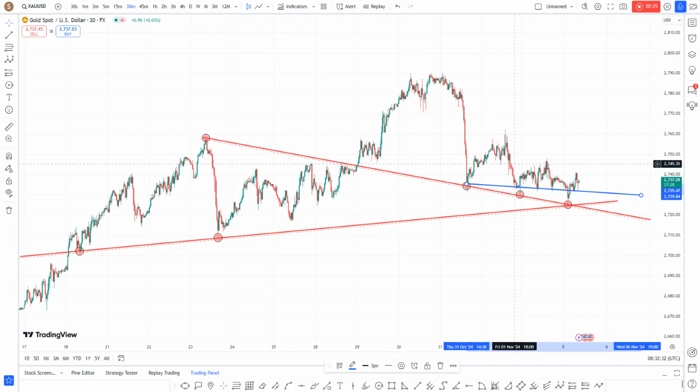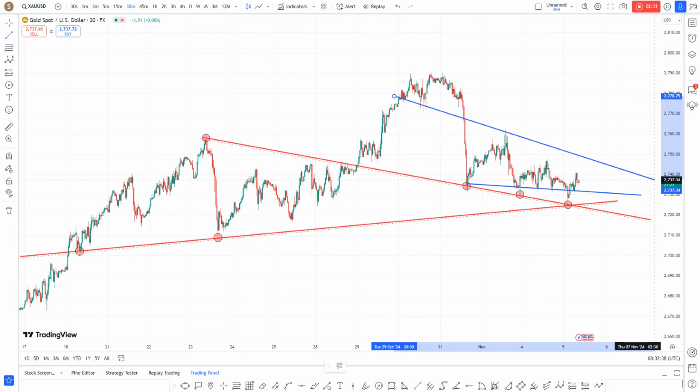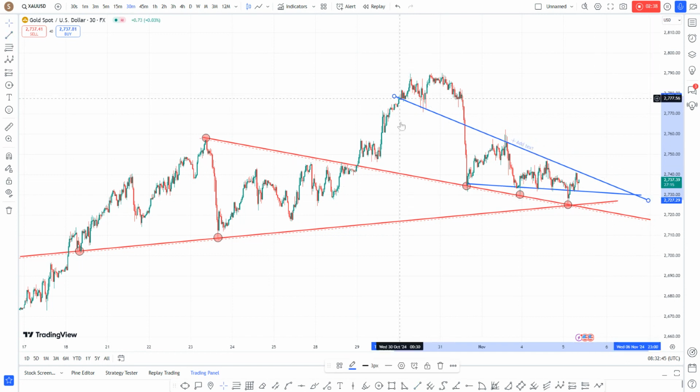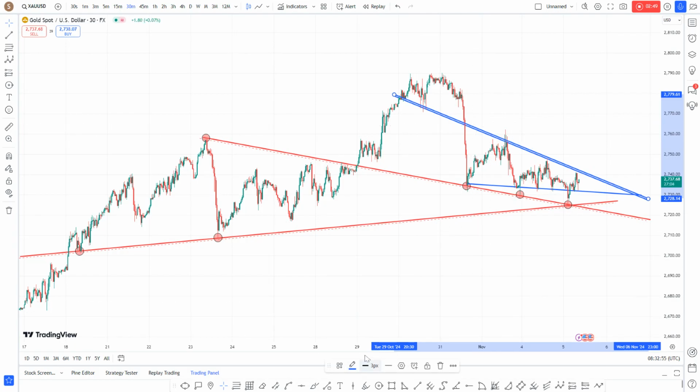So you can see when price returned back, it got rejected. And from the roof, we have a resistance structure. That resistance structure is acting as a dynamic resistance, which we want to see price break. You can see here from a supply perspective, we have this holding price from the roof.